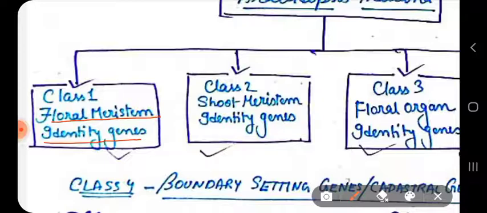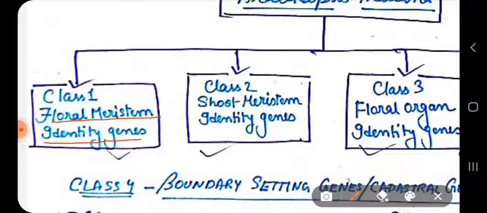Initially, we used to see that the shoot or the vegetative part of the plant is expressing. But when these floral meristem identity genes express themselves at specific locations, at specific locus, then only conversion of shoot to flower occurs.